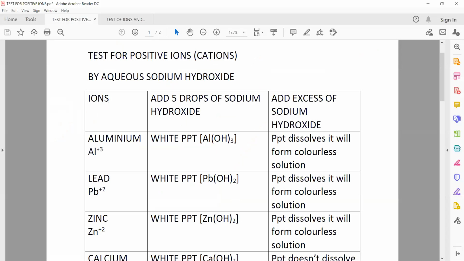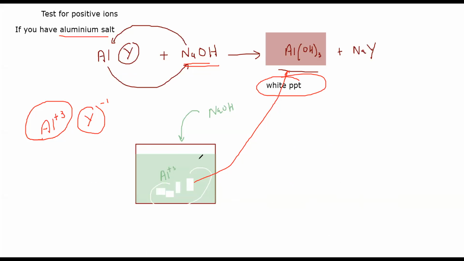Then if you add an excess of sodium hydroxide, meaning more than enough, what you will observe is the precipitate dissolves and it forms a colorless solution. So what does it mean? Originally you were having a salt of aluminum. When you add sodium hydroxide, this results in a formation of white solid, which is aluminum hydroxide.